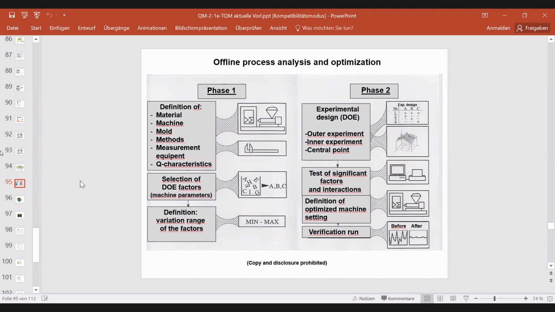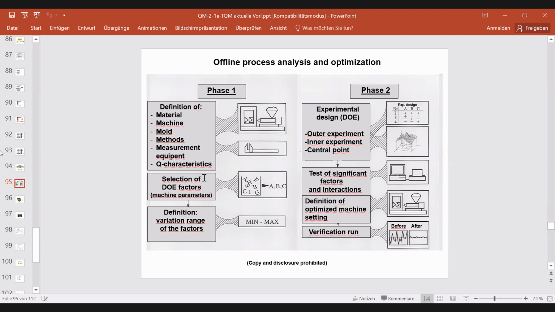On this sheet here, you see the general method for DOE analysis. At first, you have to define material, machine, mold, methods, measurement equipment, and the quality characteristics. This is called system design in the Taguchi method. Then you have to do the selection of DOE factors, maybe the machine parameters.